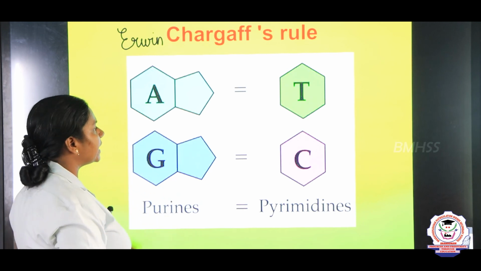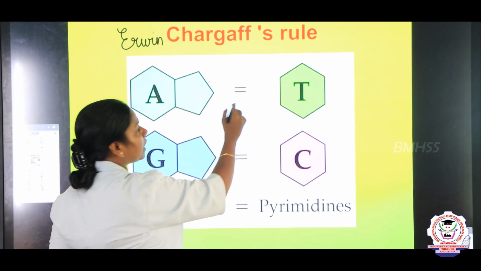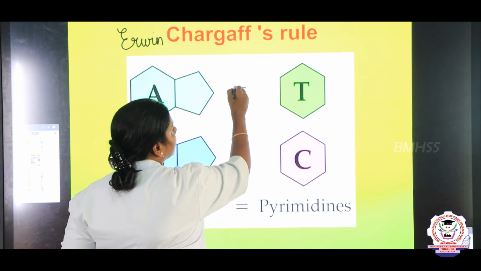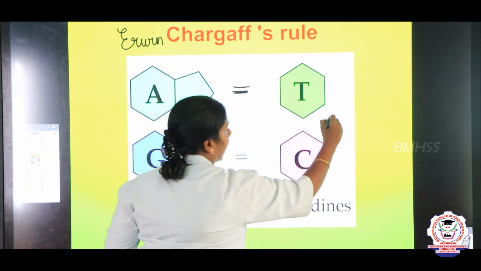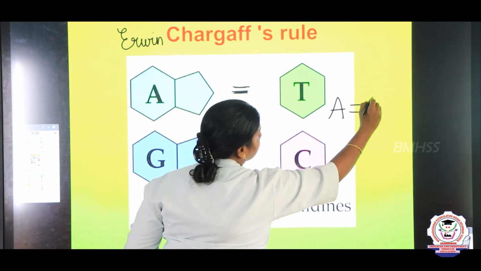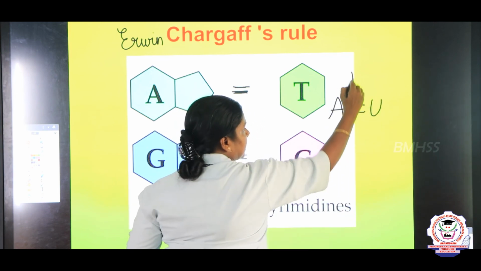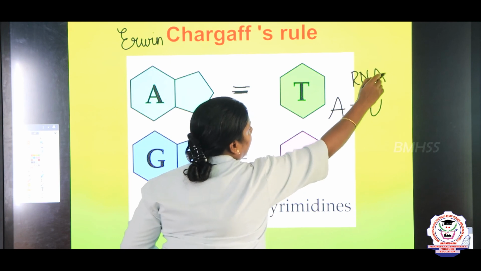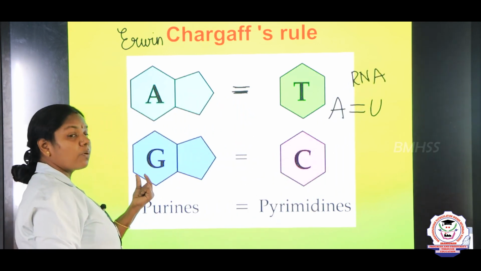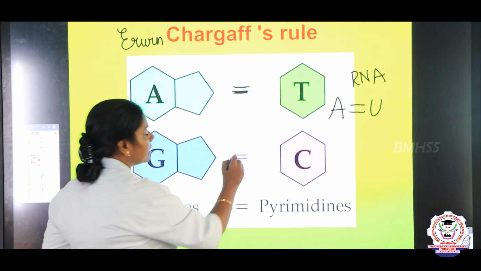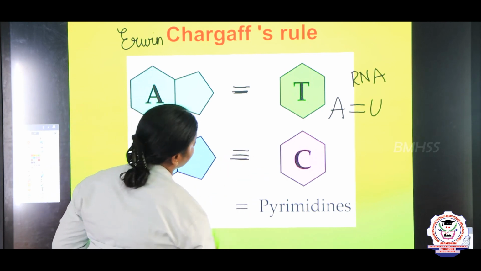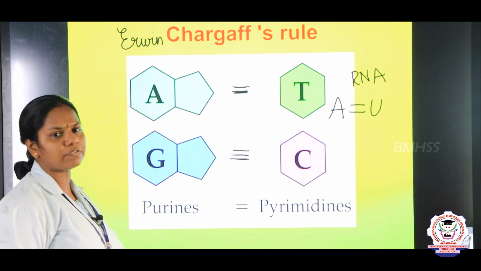That is, in a DNA, adenine always pairs with thymine with double hydrogen bonds. In the case of RNA, adenine always pairs with uracil. Likewise, guanine always pairs with cytosine with a triple hydrogen bond. So, this is Erwin Chargaff's rule.